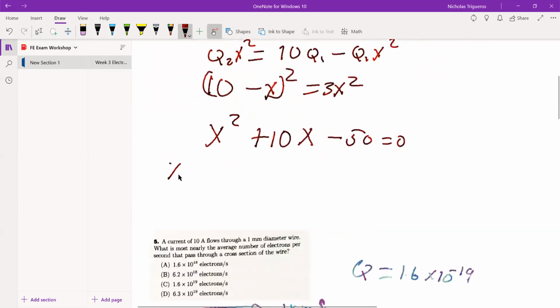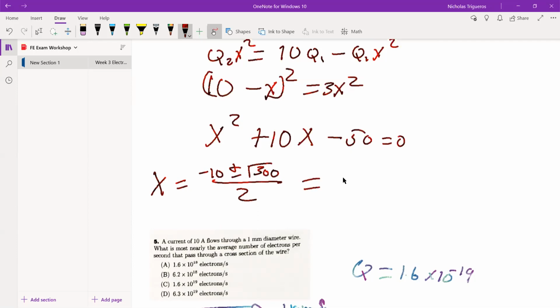Now what we have to do is solve for X, which is a quadratic equation that does not have a simple two-root solution. So we're going to use the quadratic formula. It's going to be 10 squared, which is 100, minus negative 200, which is plus 200, giving 300 there.